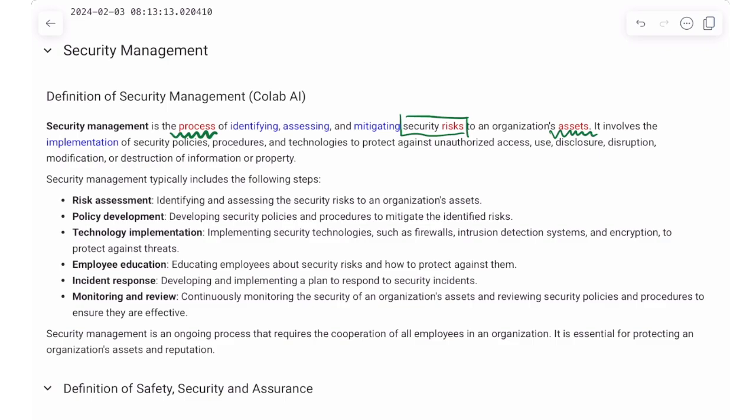But nowadays, usually we don't think that kind of physical asset is that important. So currently, when we talk about assets and security management, we talk about data assets, because data is the most important thing to run a company or to run a business.